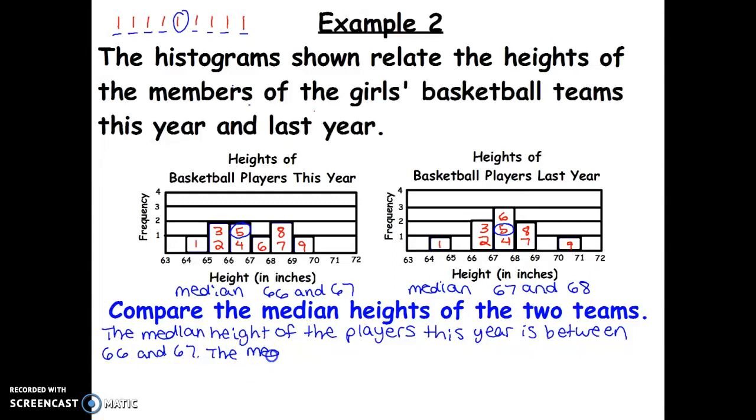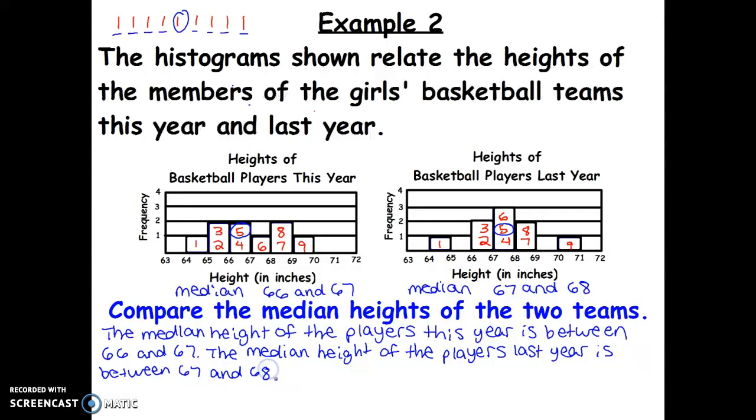The median height of the players last year is between 67 and 68. So what can we conclude with this information? That the median height was greater last year than this year.